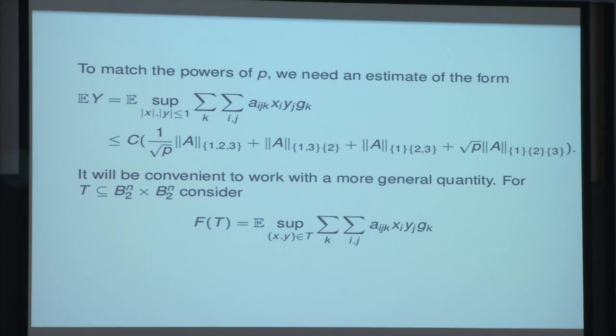And here we have the supremum over the product of Euclidean balls. So for the argument, it will be more convenient to consider general sets T contained in this product. The argument will be a little bit like chaining, but it's not exactly the chaining that appears in the formulation by Talagrand. And in fact, I'm not sure if in general this formulation of a chaining argument is equivalent to this gamma 2 functional. I don't know.